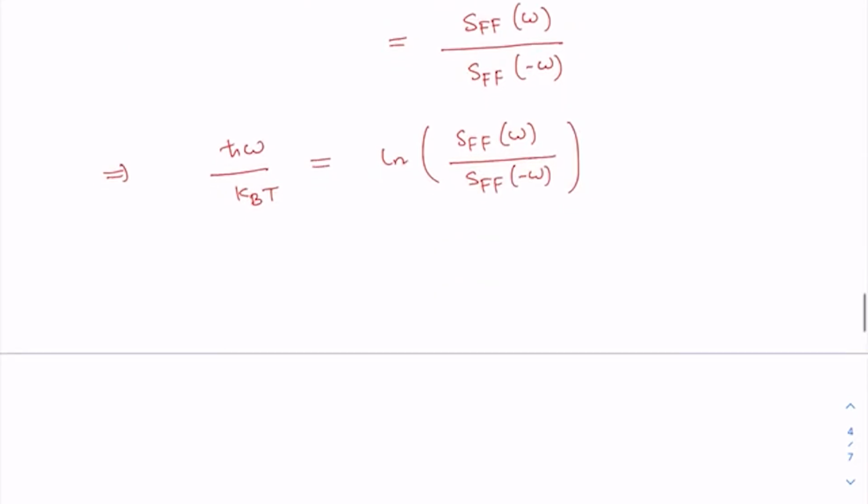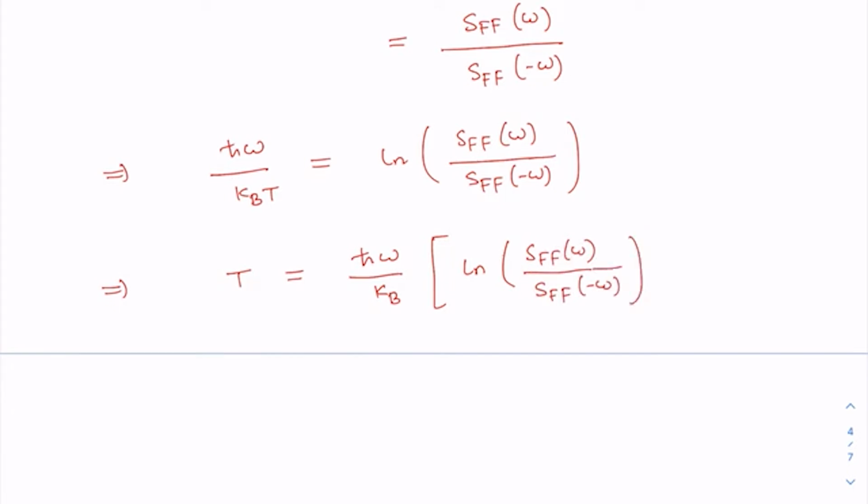And from here I can write the expression for the temperature T very easily. That would be T is equal to h cross omega by kB, where kB is the Boltzmann's constant, times logarithm of SFF omega divided by SFF at minus omega, to the power minus 1.